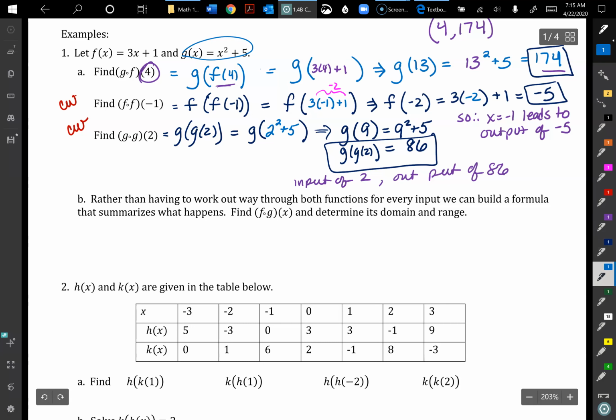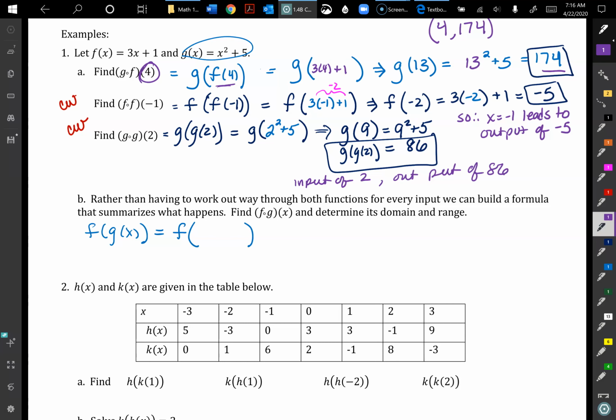We are going to take those same functions and find the formula f of g of x. So what we're doing is keeping our outer function on the outside, and then in the middle I'm going to put the g function.